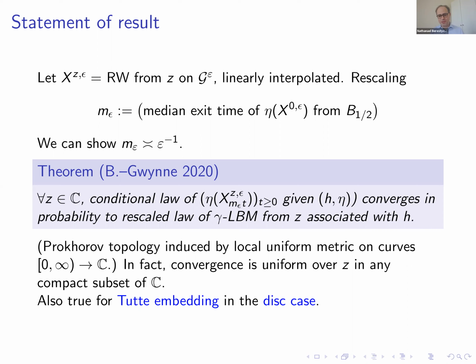I thought of the same thing when I saw the talk last week. It was a very nice talk, actually. As soon as your walk is embedded in such a way that you're going to have a martingale, I don't see what else it could be but Liouville Brownian motion.